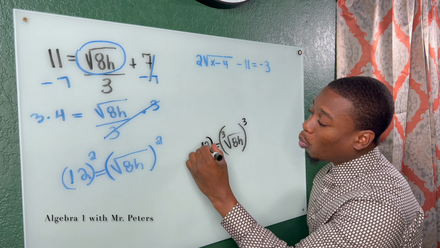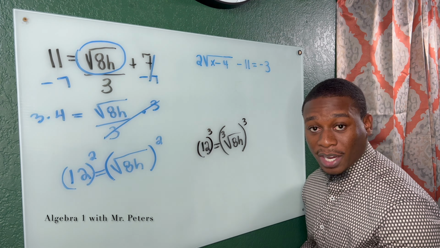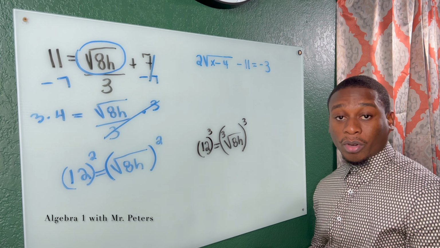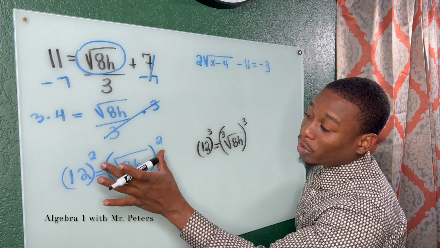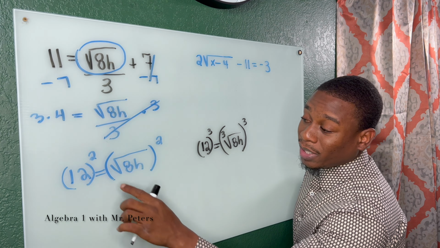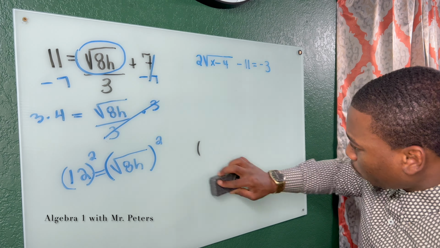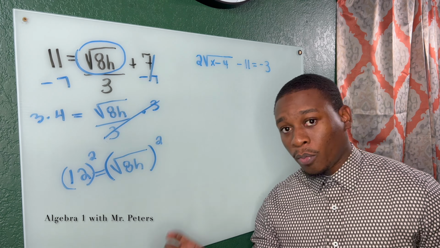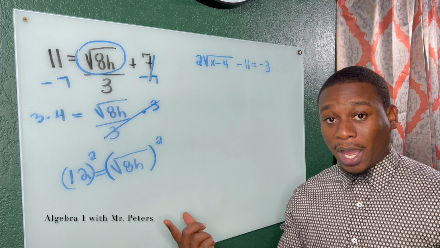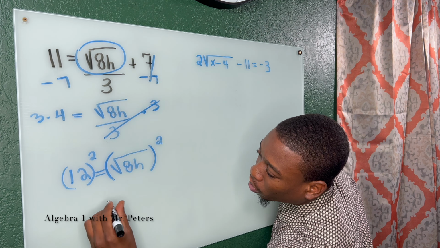So this is an important step that you guys need to understand when we talk about getting rid of the radical. And this is why we use the exponent 2, because that is the root when we do not see a number.